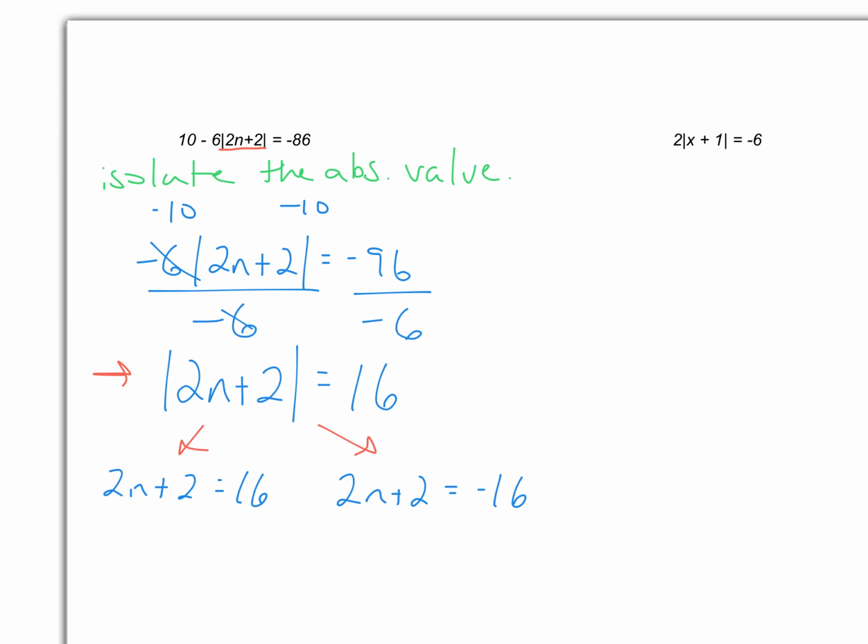And just solve both of these individually. So subtract 2 from both sides and divide both sides by 2. You get 7. Subtract 2 from both sides. Divide both sides by 2 and negative 9.